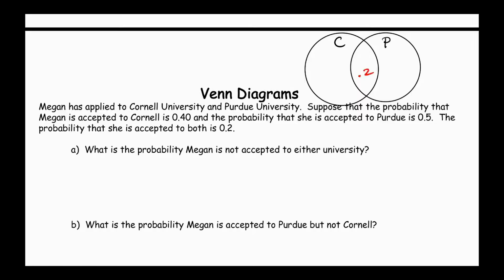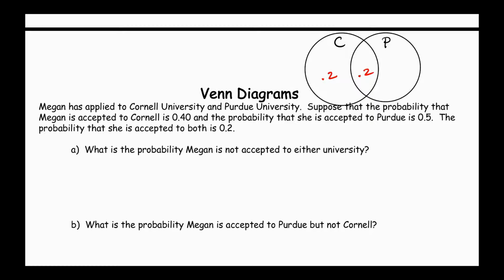0.2. And then now, the probability she gets into Cornell is 40%. So do I put a 4 in the big one? No. I put a 2 in the big one because in the circle, there cannot be more than 40. In the circle, there has to be 40%. If I put a 4 in there, that would be 60%. That's too much.